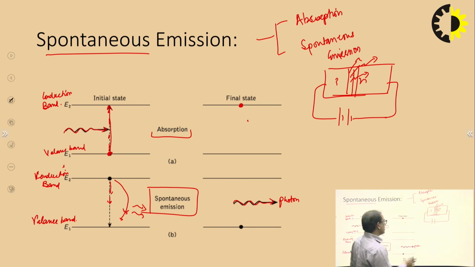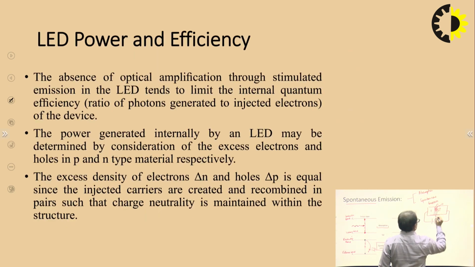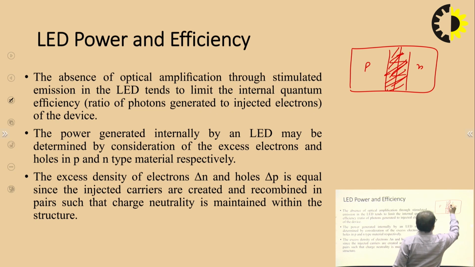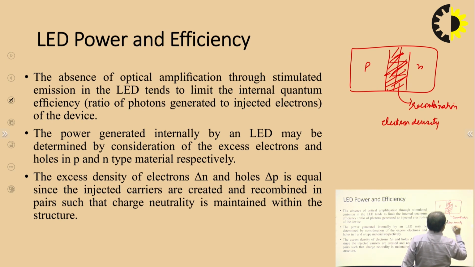Clear? Now from this point to this point, recombination takes place in this PN junction, P and N. Recombination generally takes place in this direction. Mainly recombination takes place in this area, which means the electron density will be reduced with some time.